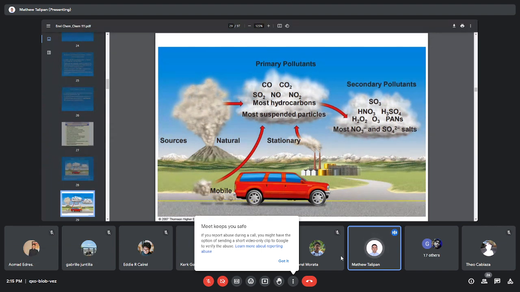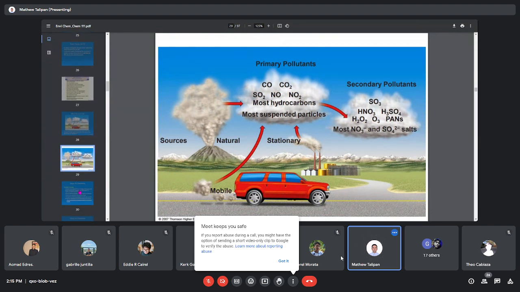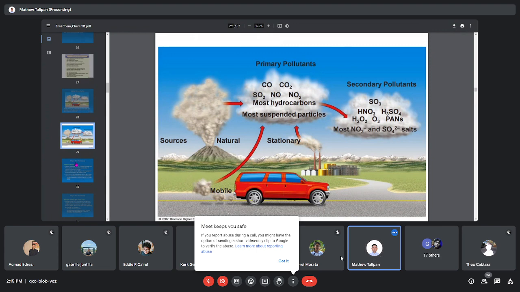That slight acidity of unpolluted rain is around 4.5 to 5.5 in terms of pH. But when pollutant gases like nitrogen oxides and sulfur oxides react further with water vapor, they can make the acidity of rain way below the normal pH levels.